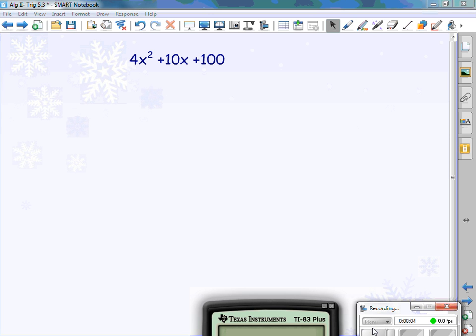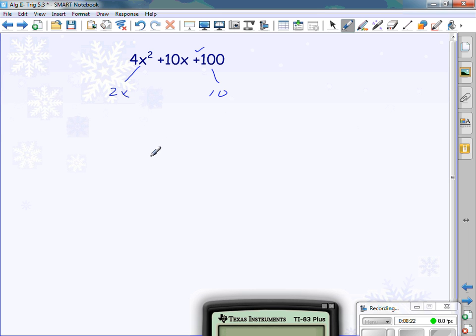Can I take the square root of 4x squared? It's 2x. Can I take the square root of 100? 10. Is this positive? Yes.